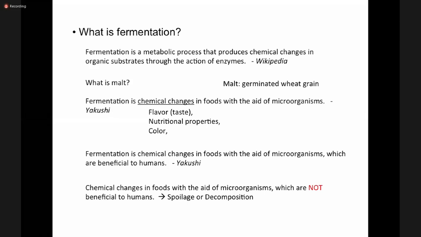That's different from fermentation. Fermentation is always good for humans. That's my definition of fermentation.